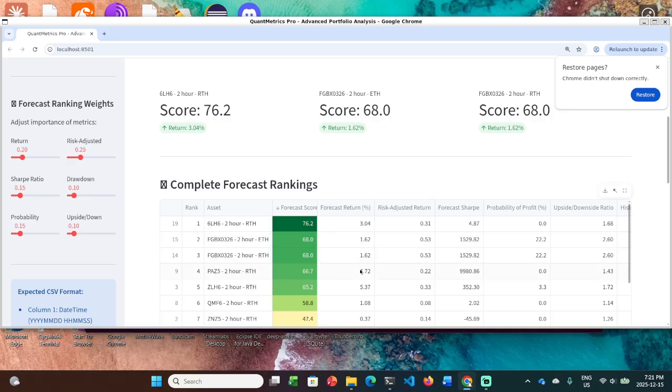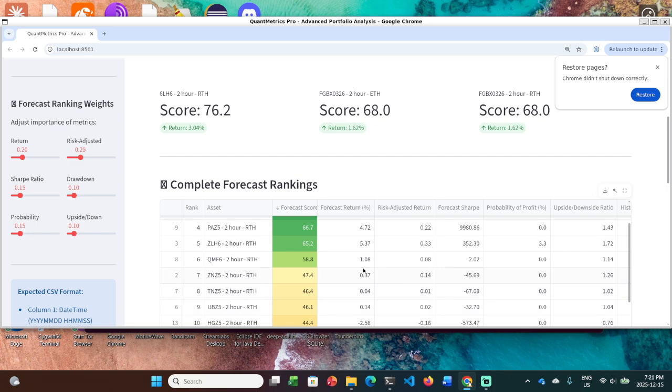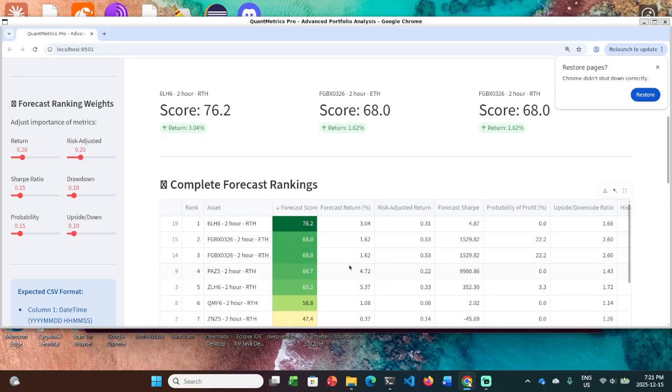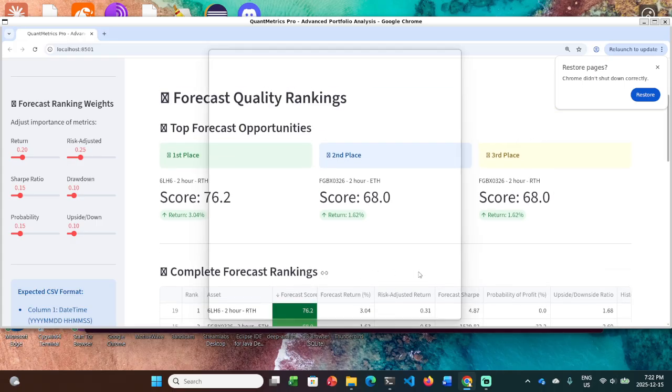As we know, the markets are not too strong. So here again, ZLH 5.37% for the next 90-day return, not very much. Platinum at 4.72%. I think that's Palladium actually. I don't know my symbols yet in the futures market.